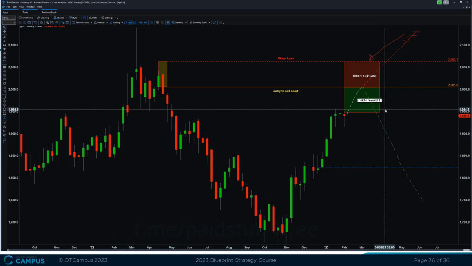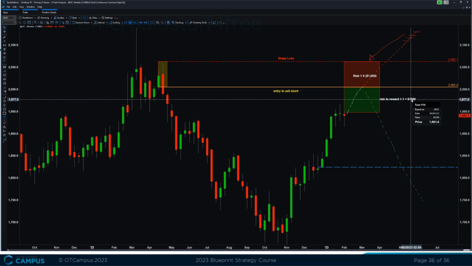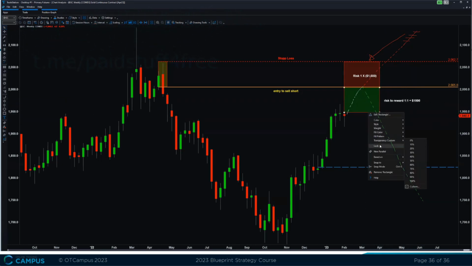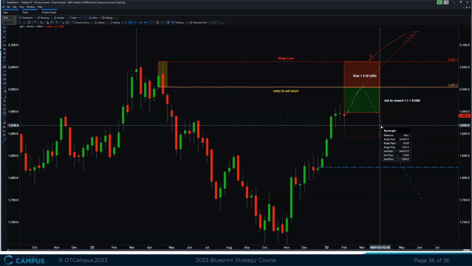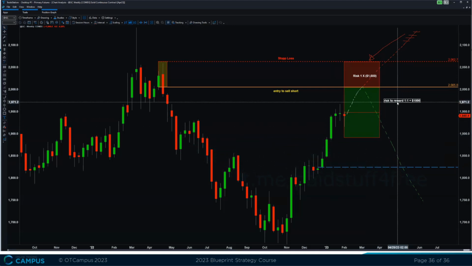At this stage, you're making a 1-to-1, and a 1-to-1 would imply that you're making $1,000. Now, the further price drops, the more you'll make. Let's say price is going to go even further down. Now, at this stage, you're making what?